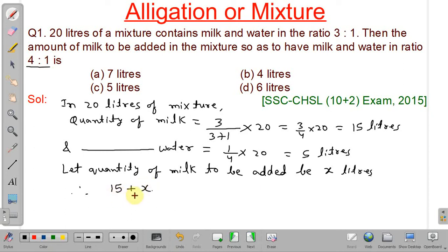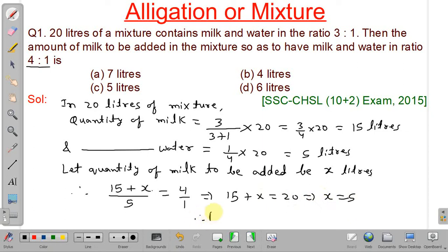So 15 plus x is the total quantity of milk, divided by quantity of water, which is 5 and it will remain the same as no water is added. And the ratio is given as 4:1. So after cross multiplication, we can find the value of x. So 15 plus x equal to 20, or x will be equal to 5.